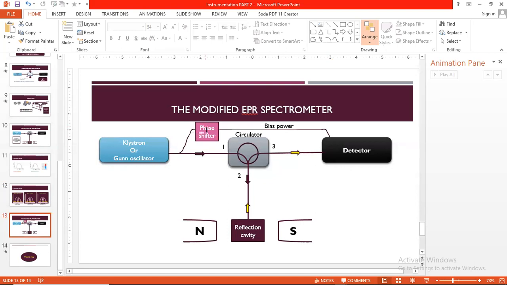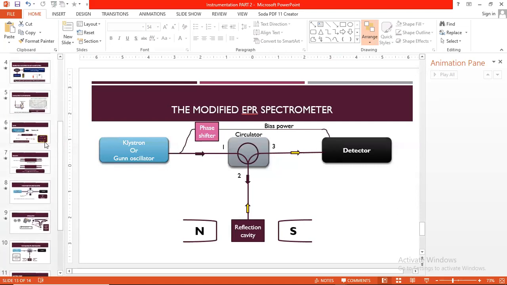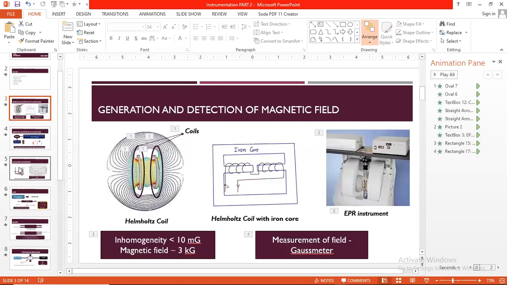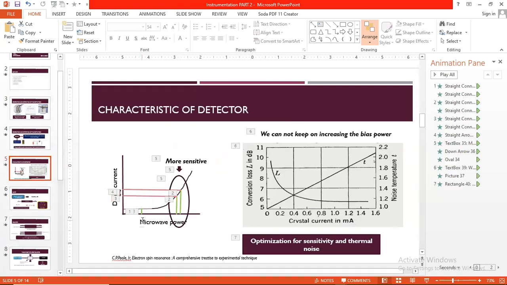That's why we are using a phase shifter. And we will use a bias power which gives a very minute change in the power directly to the detector so that we can get this range.